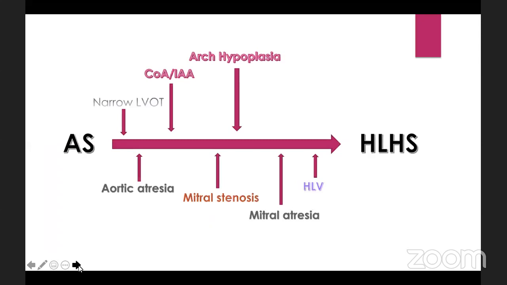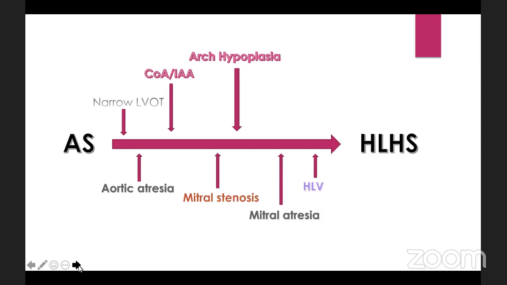So if you really think about left ventricular outflow tract obstruction, as I said, it forms a spectrum of a disease. In its simplest of forms, probably, or most isolated of forms, is a valvular aortic stenosis.